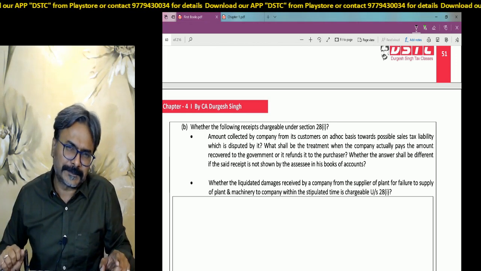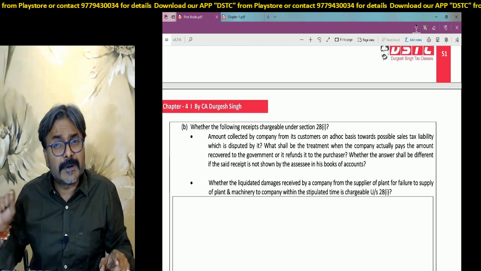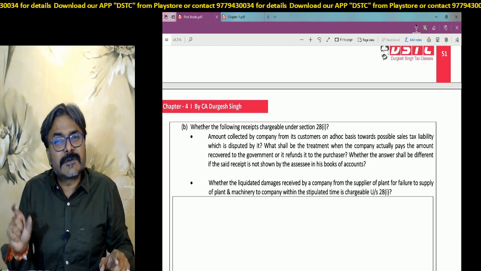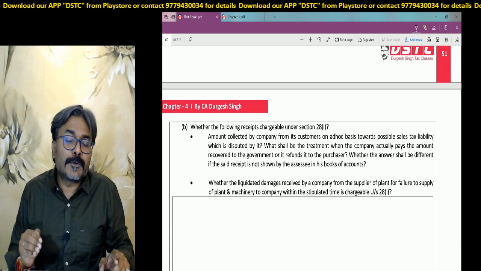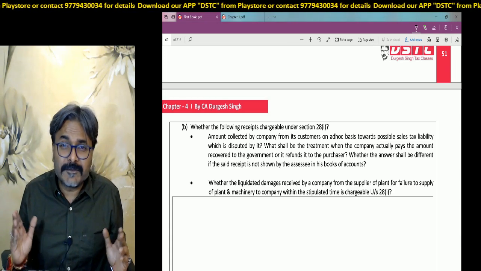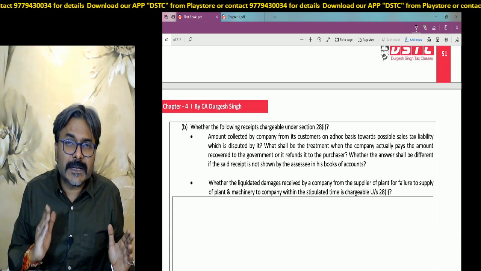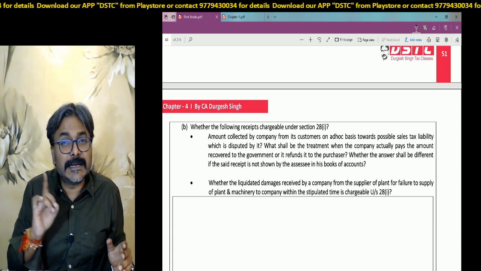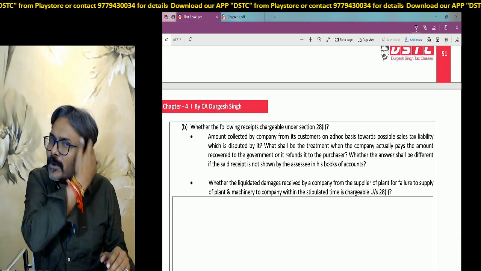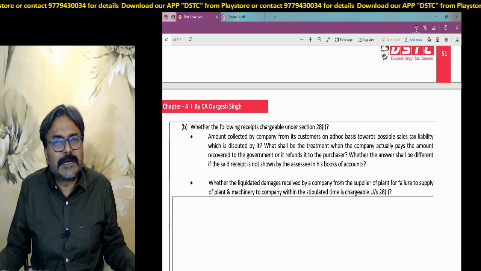But when it came down to services, if the service contract duration is for more than 90 days, then as per ICDS 4, what is only to be considered is the percentage of completion method. You will not go with the completed contract method.